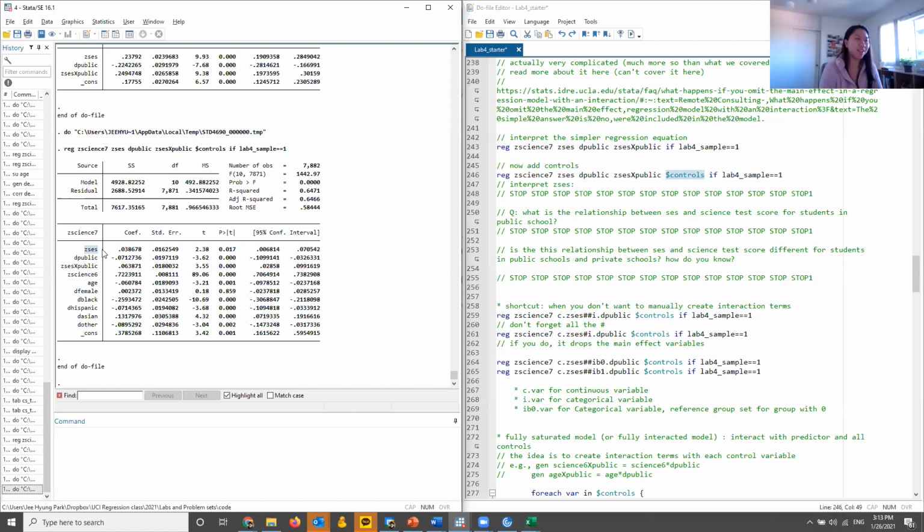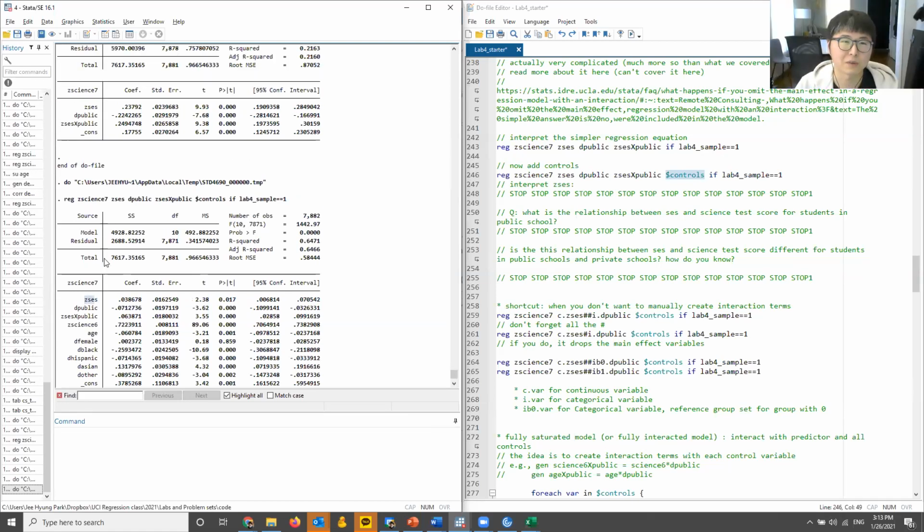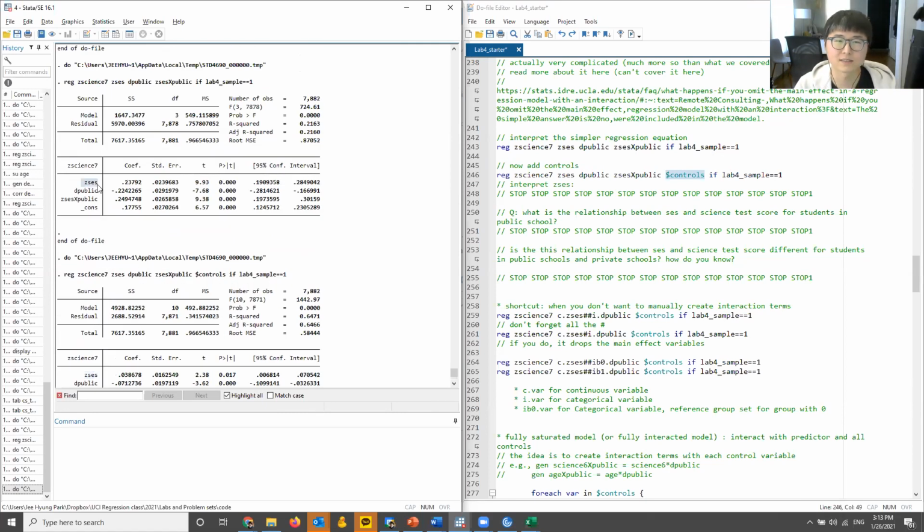Can you explain why it was for private school for the ZSES? Yeah. Do you remember up here, ZSES, right? For someone in private school, they get a 0 here, but more importantly, they get a 0 here. If you multiply a variable by 0, you get 0. We're good. Okay.